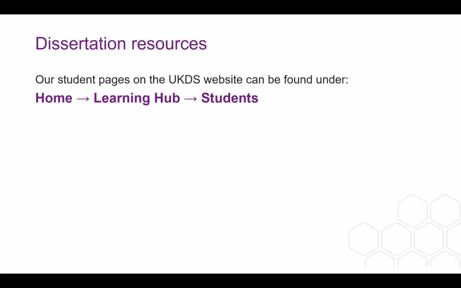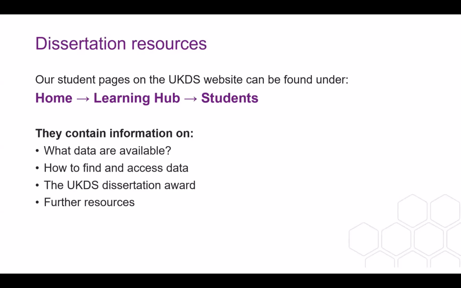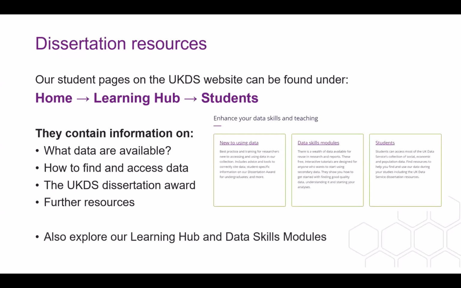If you go to our Learning Hub, start from the home page, go to the Learning Hub, and then click on Students, you will find further information on things like which data sets are available and what we recommend, how you can find and access the data, and our dissertation award, which I'll come to in a minute, and then also further resources.